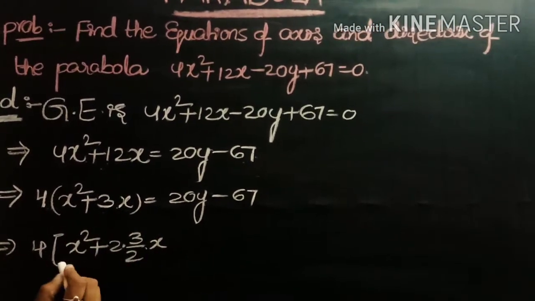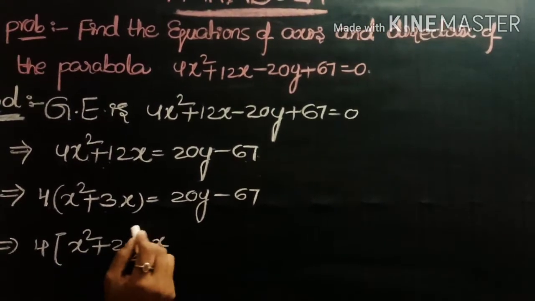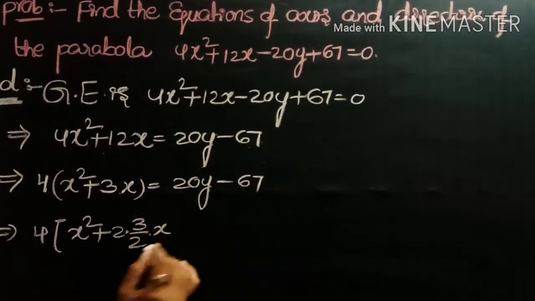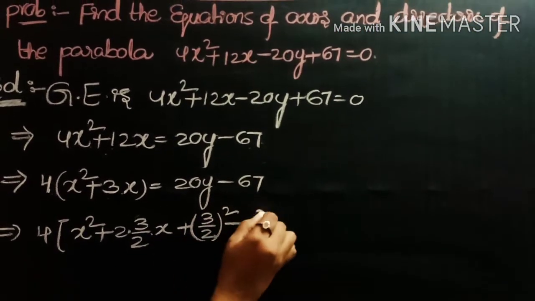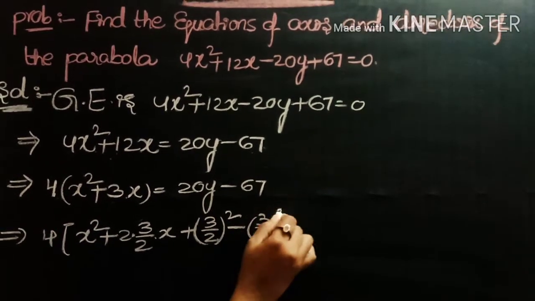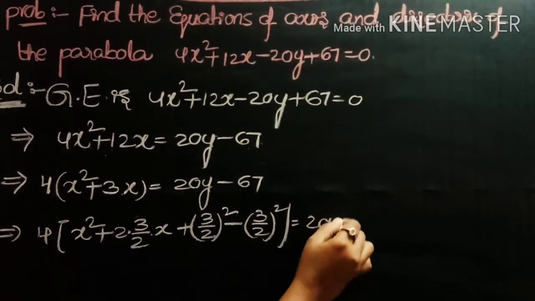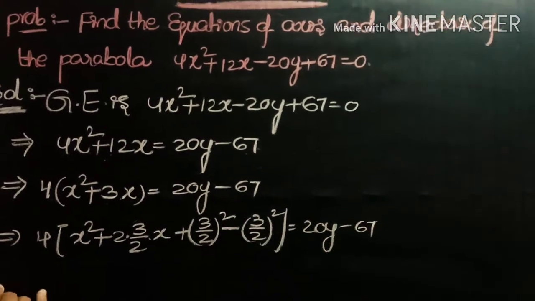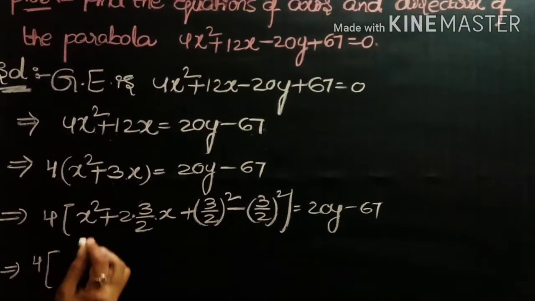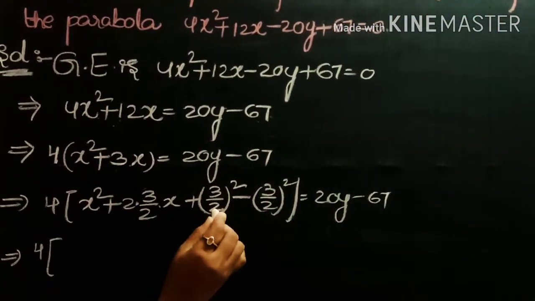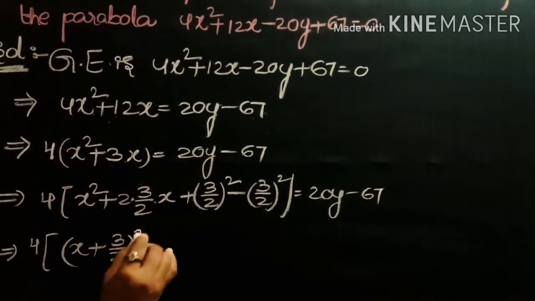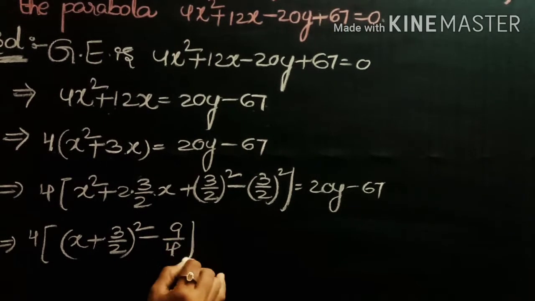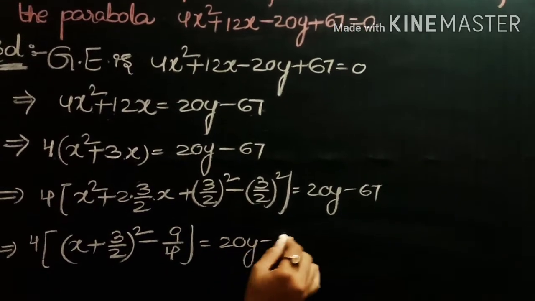To convert this into the form of a square plus 2ab, here in place of b we have the term 3 by 2, so adding that term, plus 3 by 2 whole square minus 3 by 2 whole square is equal to 20y minus 67. This is 4 into, now this is in the form of a square plus 2ab plus b square, which is a plus b whole square, that is x plus 3 by 2 whole square minus 9 by 4 is equal to 20y minus 67.